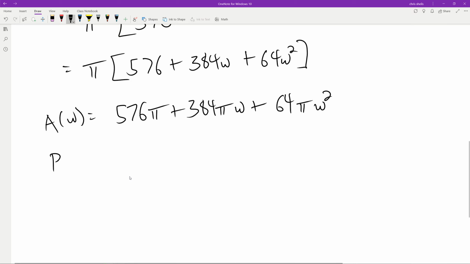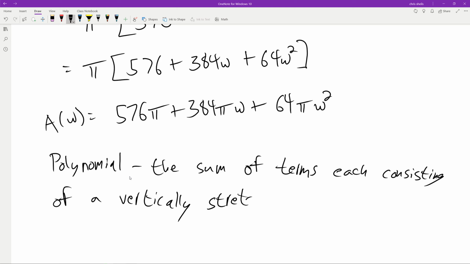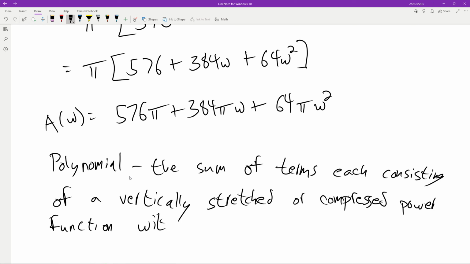This formula is an example of a polynomial. A polynomial is the sum of terms each consisting of a vertically stretched or compressed power function with non-negative whole number power.